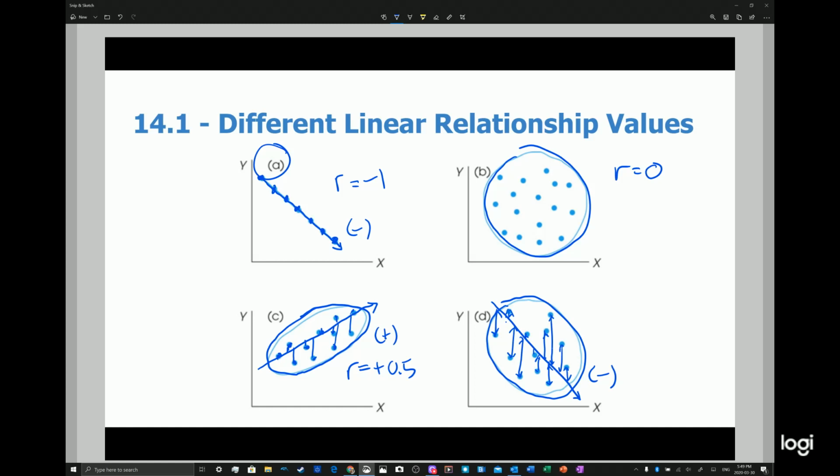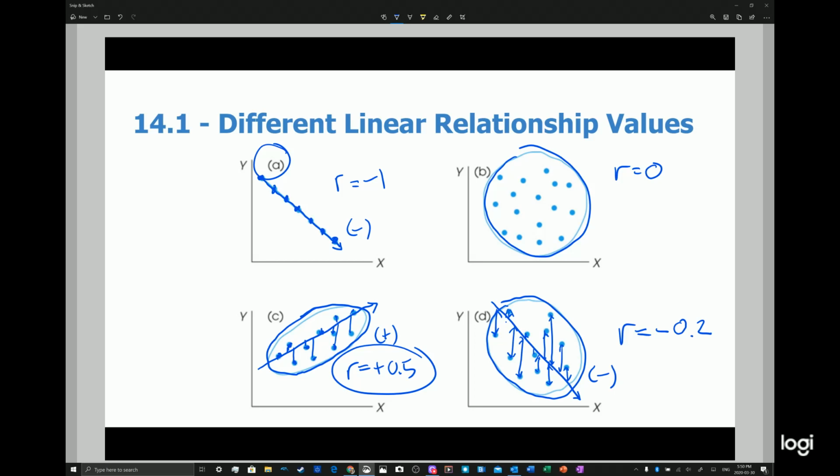This time we're just measuring the points in each dot against the regression line. We'll talk more about that later. Here the relationship is negative in direction, and it's weaker than this because the points are further away from the regression line. So maybe along the lines of negative 0.5.